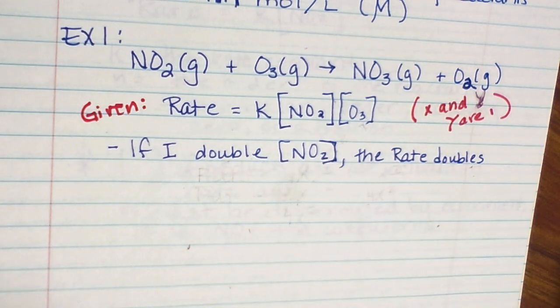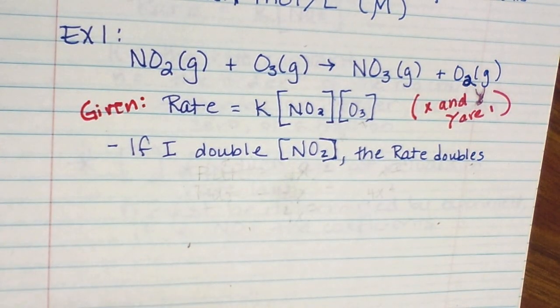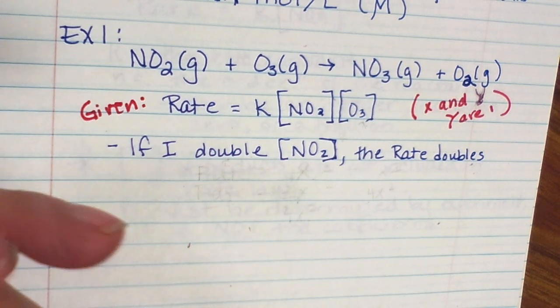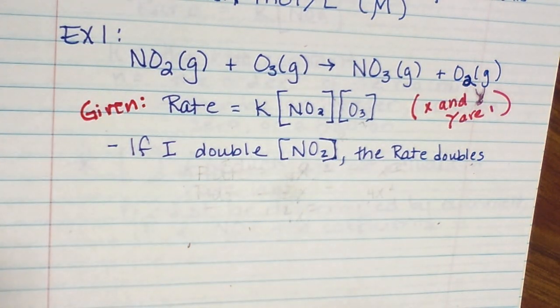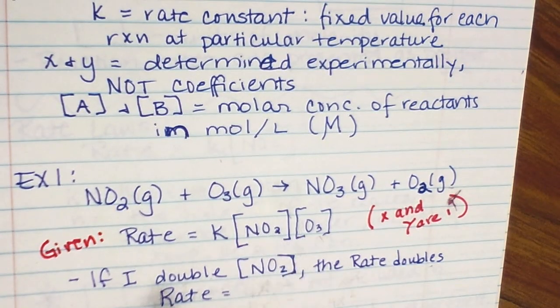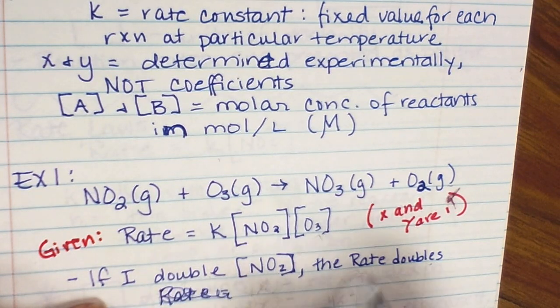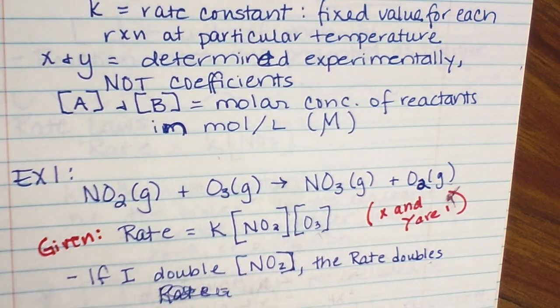It's just math. If the exponent is 1, then if I double my concentration, the rate doubles.